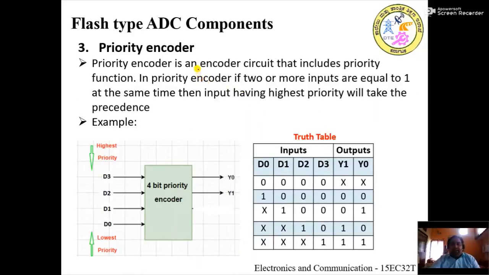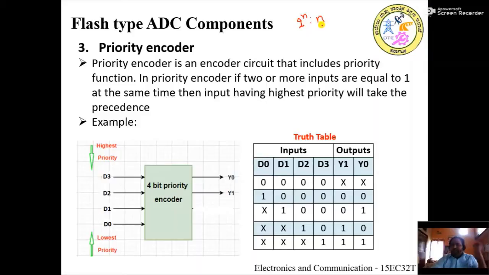Next, and the third important component here is the priority encoder. As you already know, a normal encoder is a digital system with 2 to the power of n inputs and n outputs.